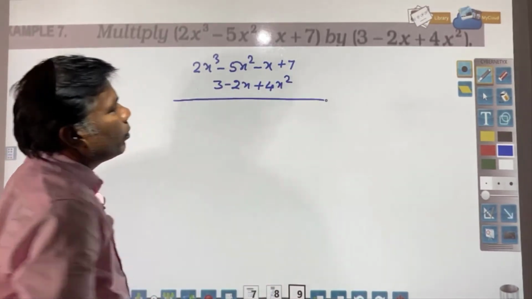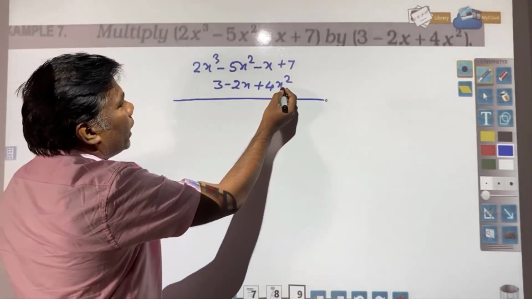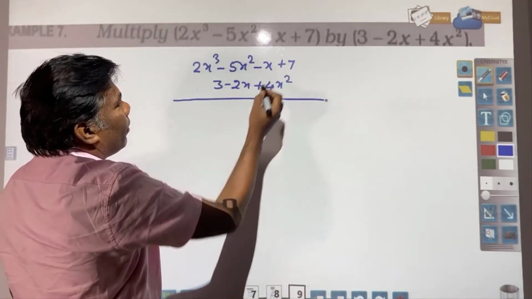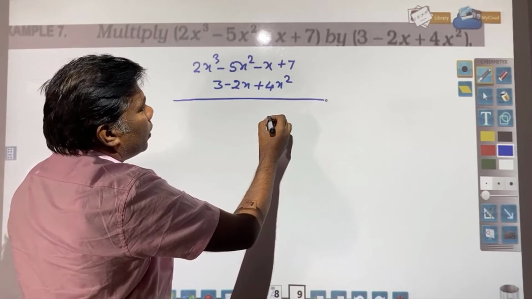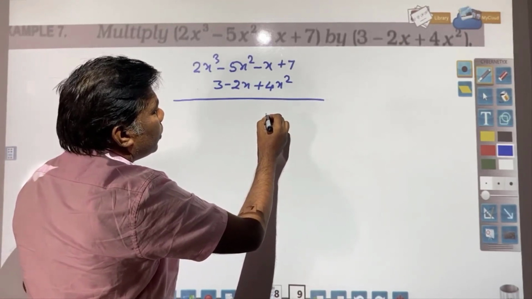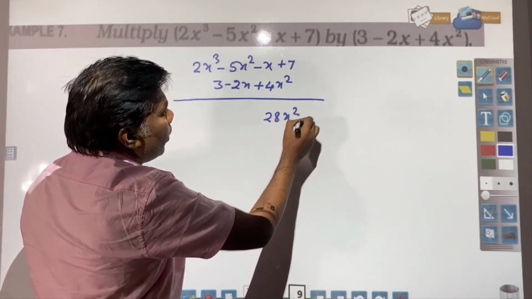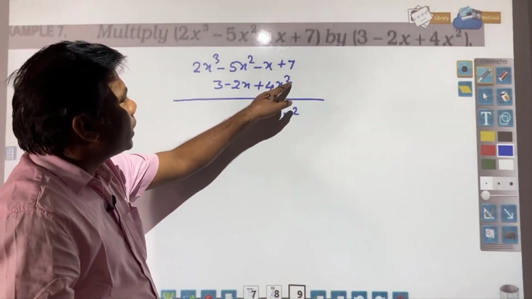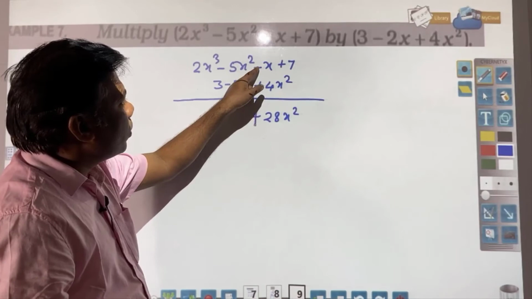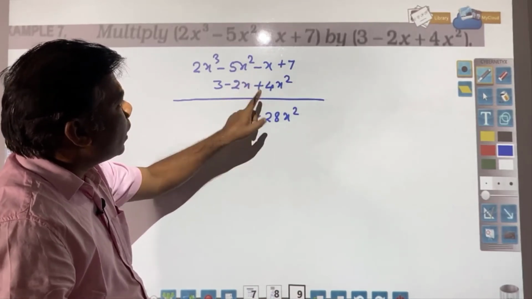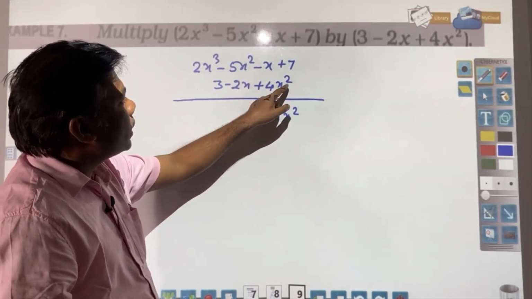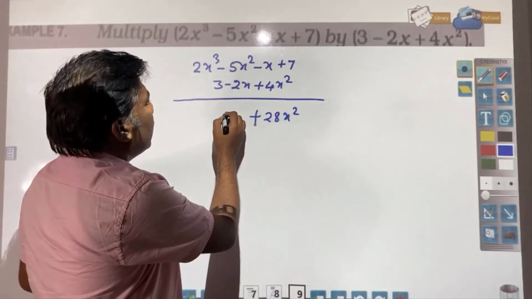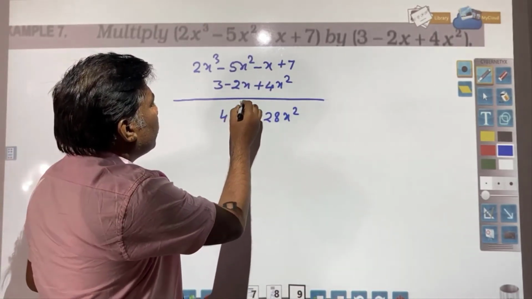Just to see how we will multiply. 4x square into 7. So 4 7s are 28x square, and plus sign it will be having. 4x square into minus x, unlike signs are there, so this will be negative. 4x square into x will be 4x cubed.